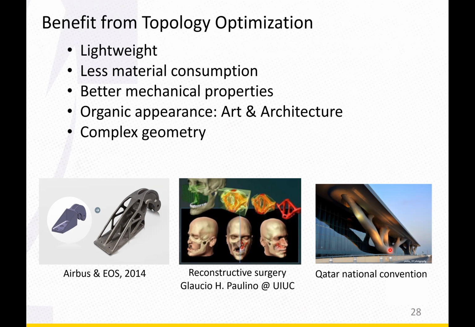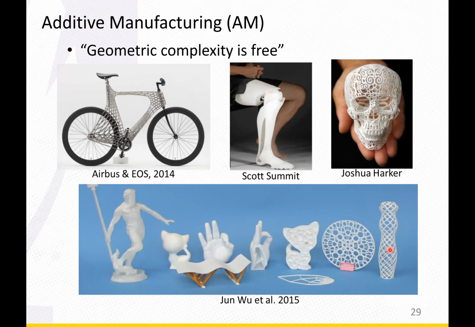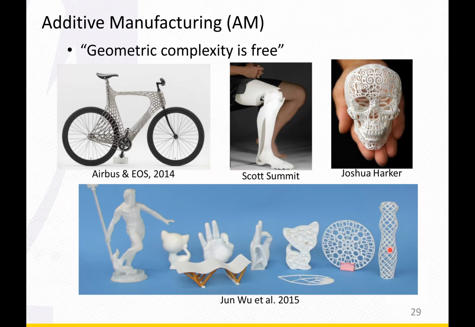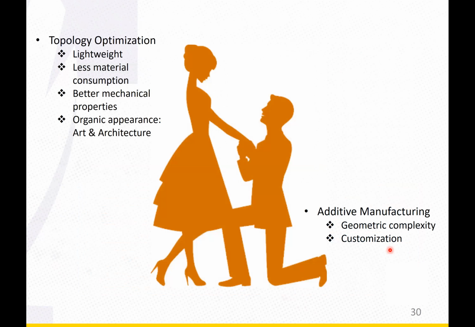And let's go through topology optimization a little bit. So here gives you the idea why people are talking about topology optimization with additive manufacturing. Because additive manufacturing can produce products with very complex geometry, and at the same time, topology optimization will generate complex geometry.